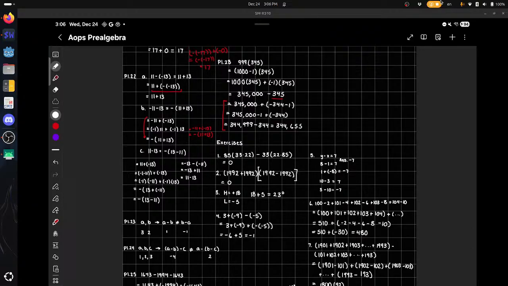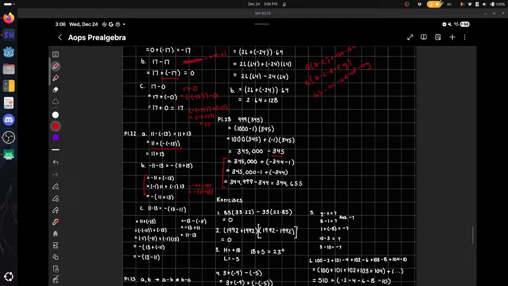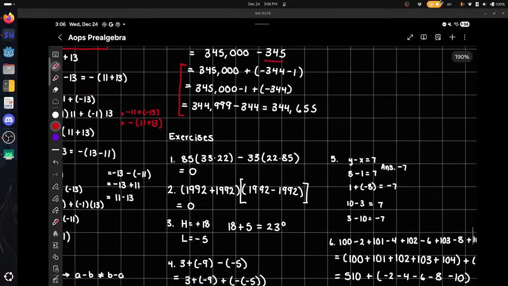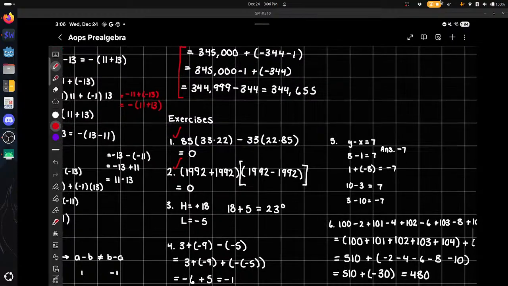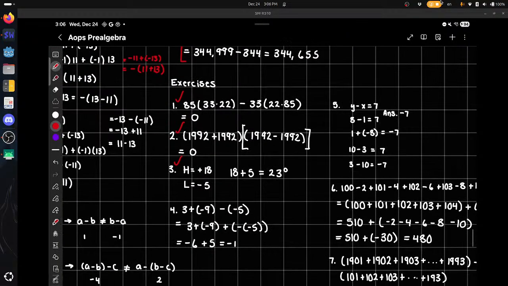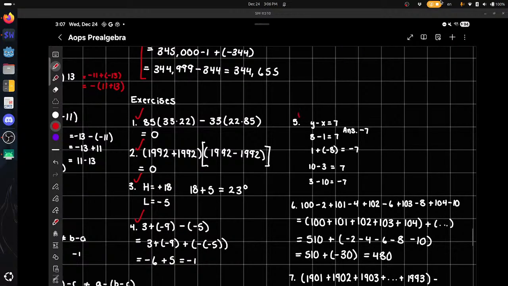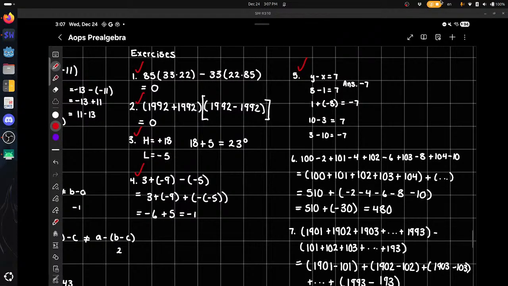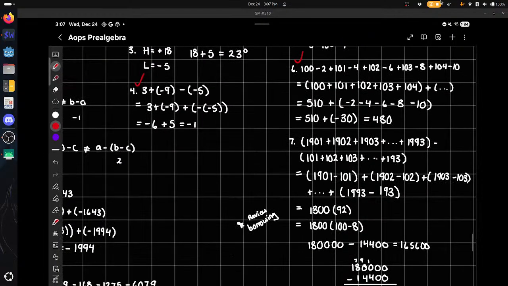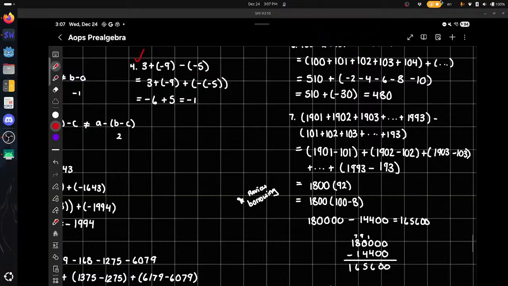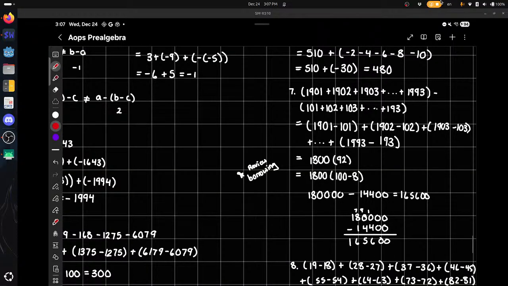So what section is this? This is section 1.5. Okay. So question 1 is 0. Question 2 is 0. Get those both right. We got this one right. 4 is -1. We get that one right. -7. We get that one right. 6. 480. We get that one right. 7 is, ooh, we got that one wrong.